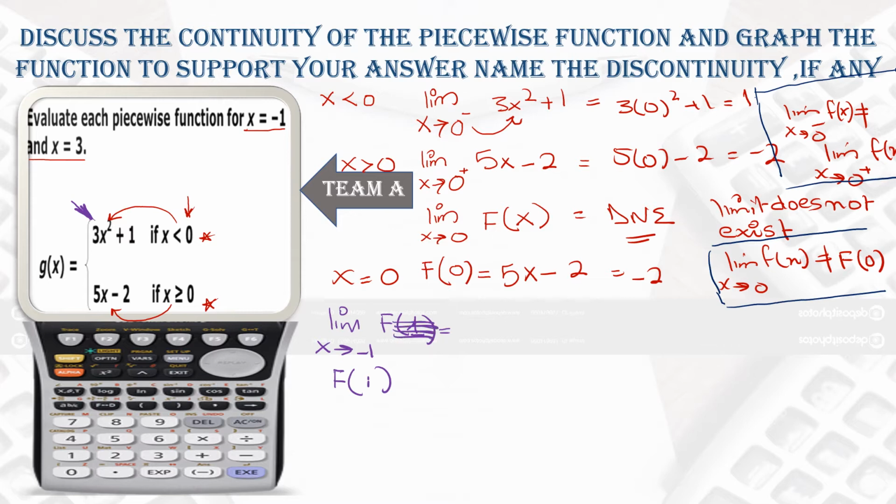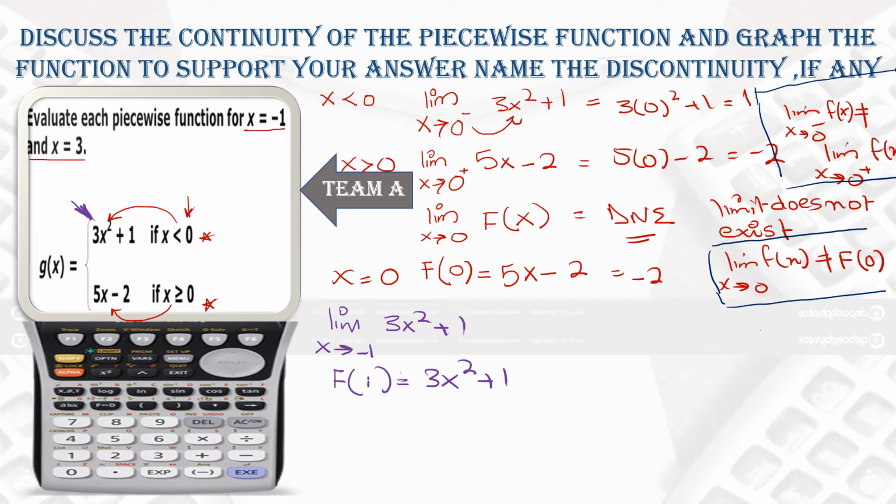So you have to use the equation. One second, we can erase this thing. You can write that for -1 from both sides, you will use the equation 3x squared plus 1. And for f of -1, of course, x is less than 0, so here also you will use the same equation.